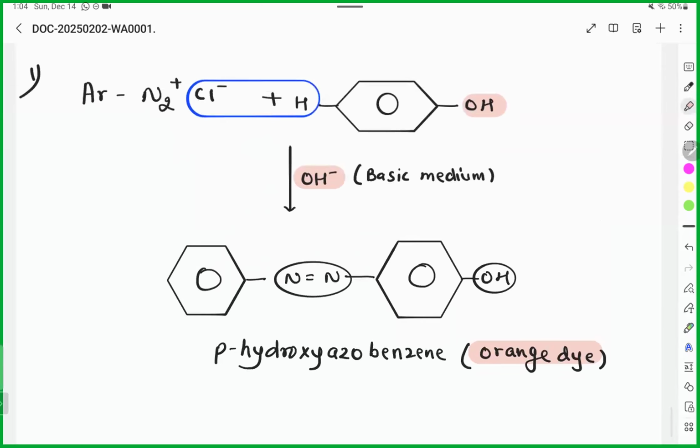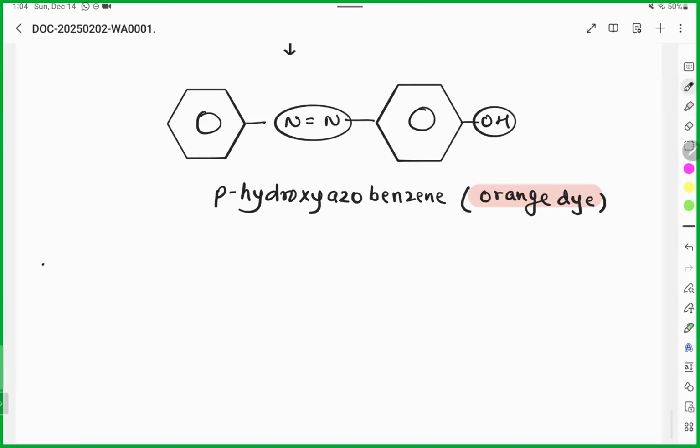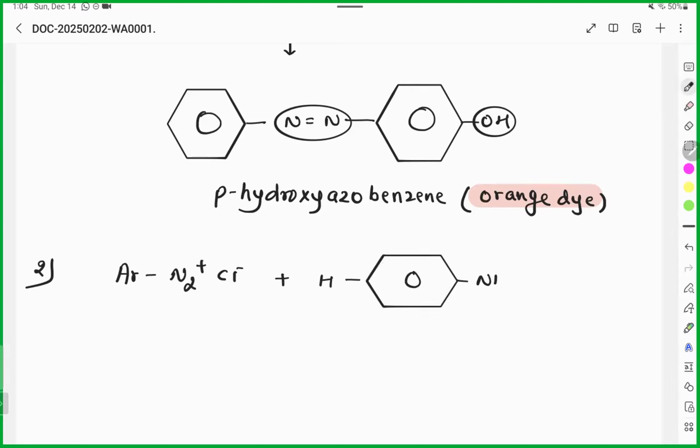And almost the same thing if you react with aniline. Second reaction: if you have diazonium salt, react with the ring, 1, 2, 3, 4, 5, 6, with NH2. NH2 is basic.